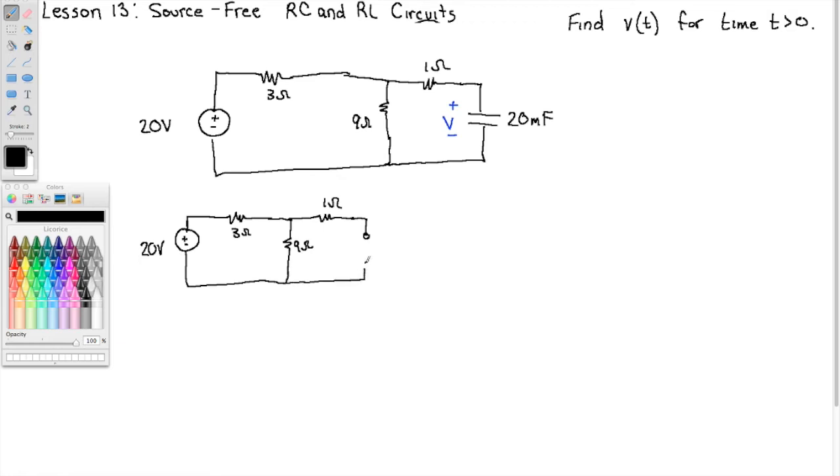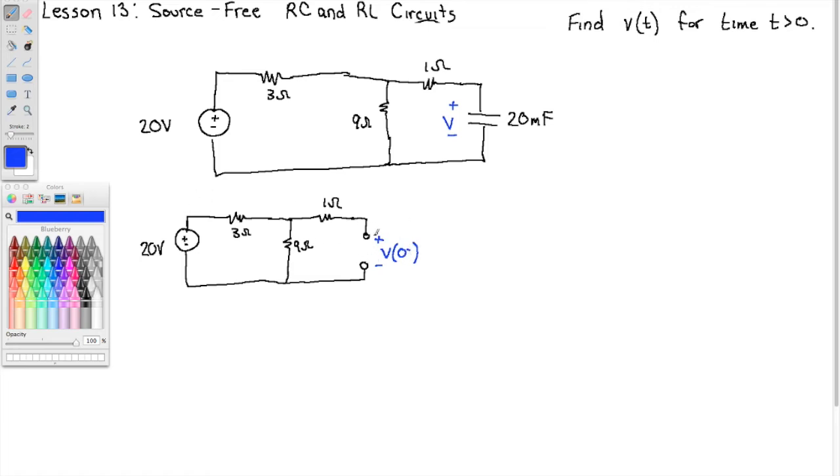Like this. Right? So before the switch, okay, we'll call this V of 0 minus, meaning just before the switch happens at t equals 0.